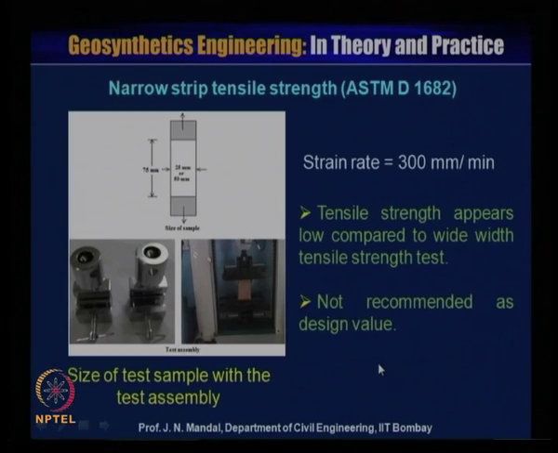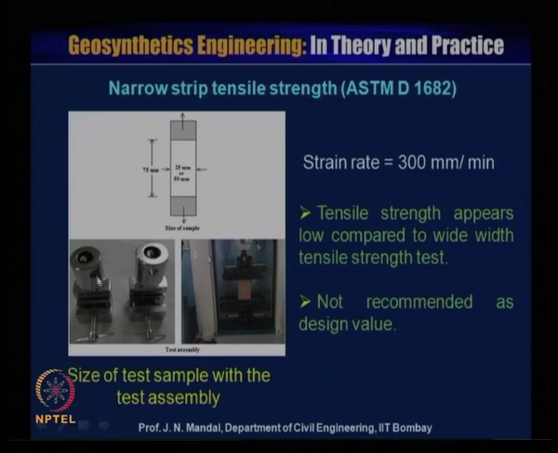Then, narrow strip tensile strength as per ASTM D1682. So, here it is very narrow, you can have maybe 25 millimeter or 50 millimeter, the gauge length is about 75 millimeter, and the strain rate is 300 millimeter per minute.